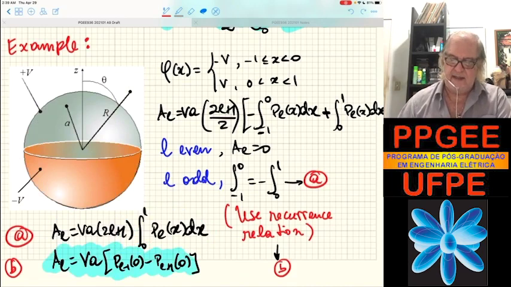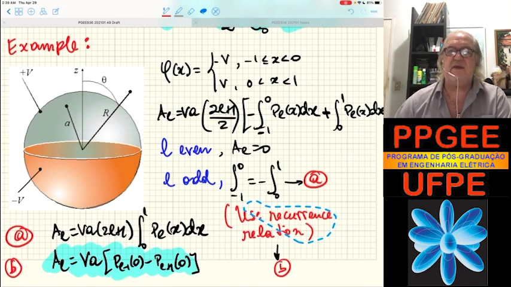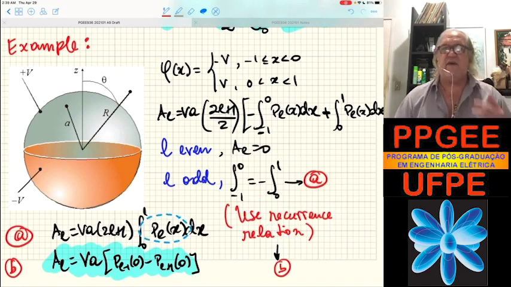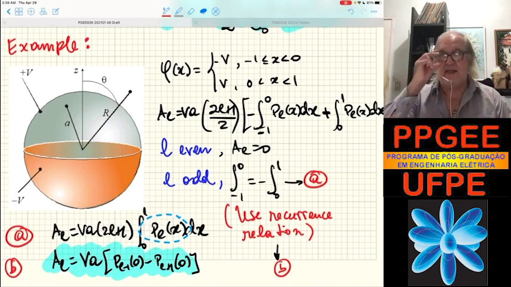The calculation is based on the recurrence relation, so it becomes easy to calculate, okay? PL can be expressed in terms of derivatives of neighboring polynomials. So the integral of the derivative yields the polynomial itself. It's left for you to calculate that.